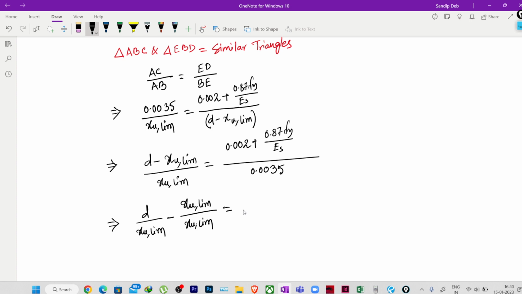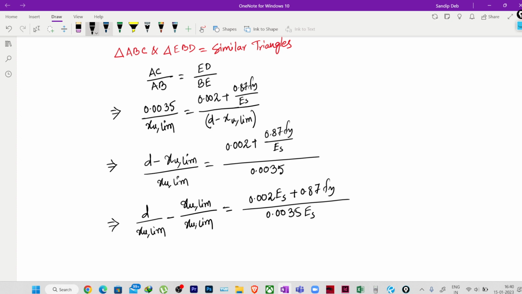how much will it be? So you can just do it. So it will be 0.002 ES plus 0.87 FY, then ES will be coming down, so 0.0035 ES. Fine.